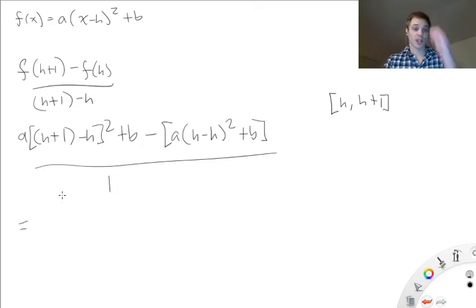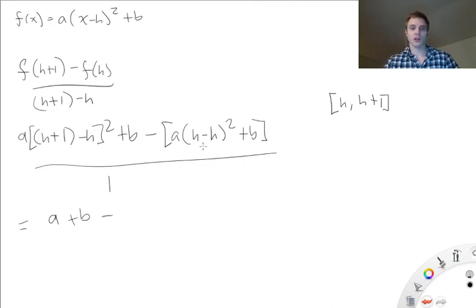So let's look at this part here. h plus 1 minus h is actually just 1, and 1 squared is 1, times a is a, plus b.